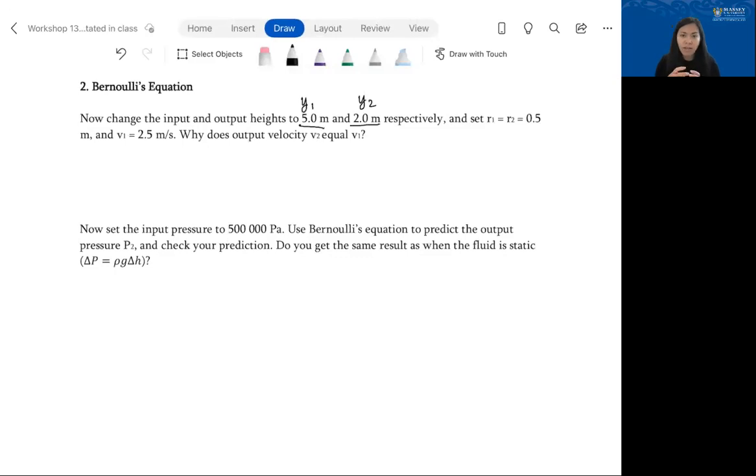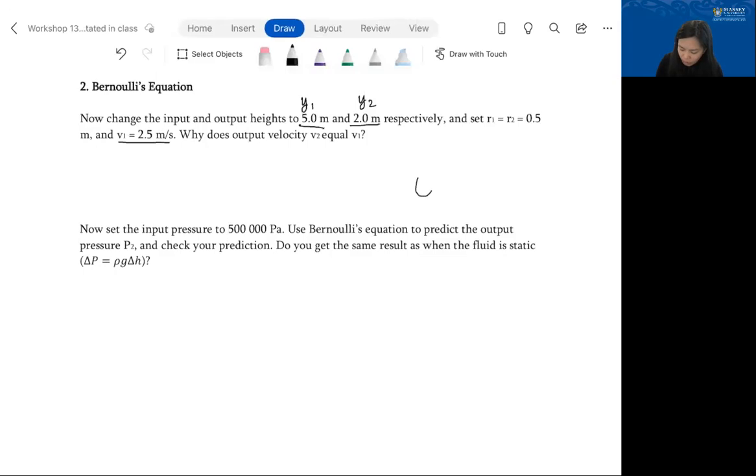That means the area, since the radius is the same, the cross-sectional area is the same. And V1 is equal to 2.5 meters per second. So how does the output velocity V2 compare or equal to V1? Why does the output velocity V2 equal V1?